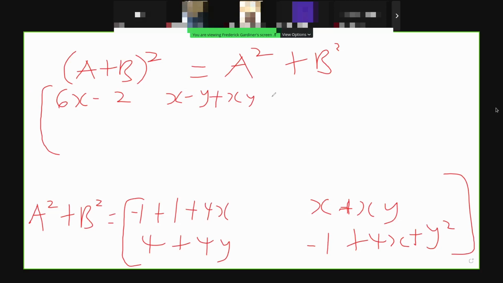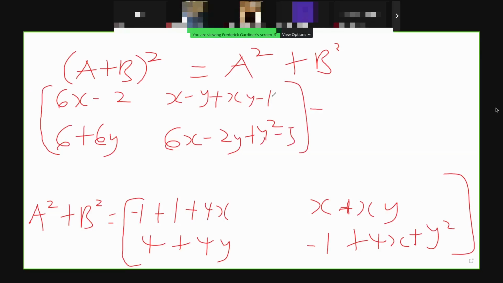Then the second row: 6 plus 6y, then 6x minus 2y, plus y squared minus 5.